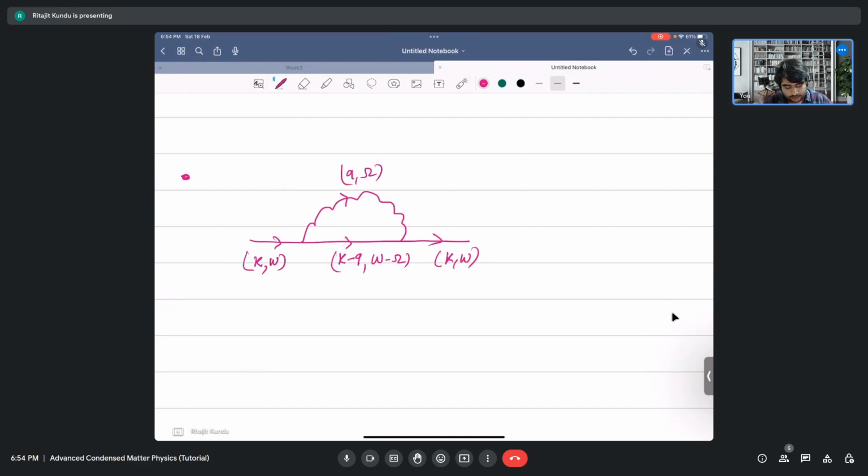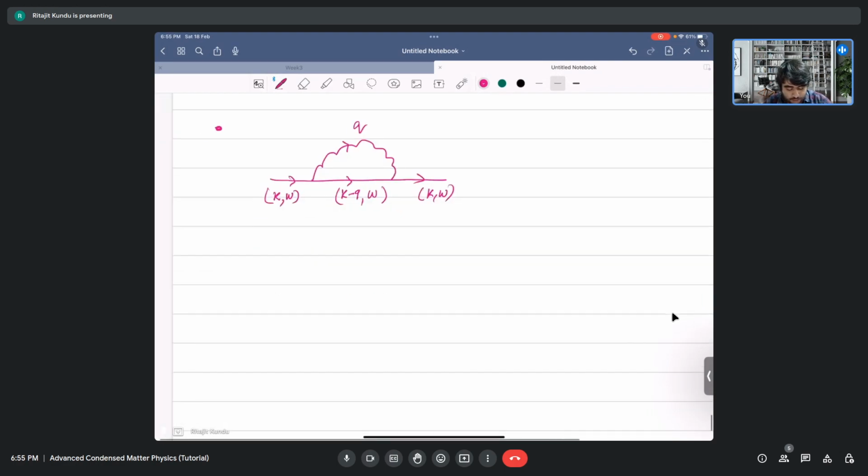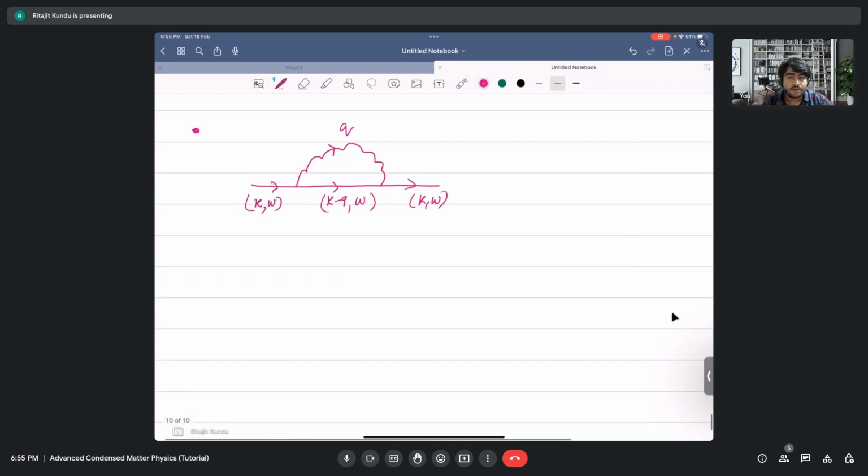Normally the Coulomb interaction doesn't depend on frequency, so for now let's remove this capital omega. When you have screening, it will depend on omega, but we will not talk about that now. Sir, in some books I've seen they use a minus q, and in the lower line plus k plus q.